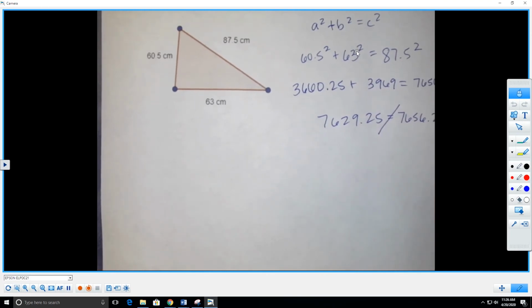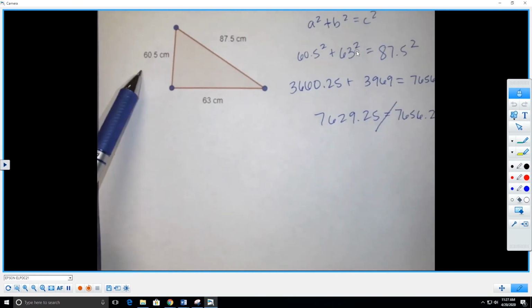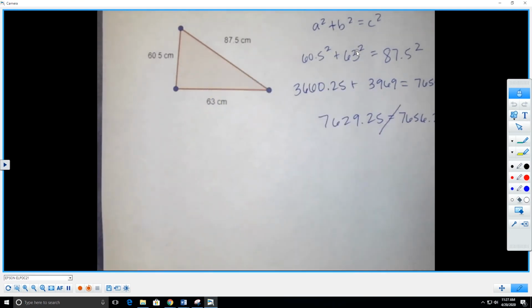So what is the final answer to the question? Exactly. The measures 63, 60.5, and 87.5 do not form a right triangle since the sum of the squares of the legs does not equal the square of the hypotenuse, the longest side.